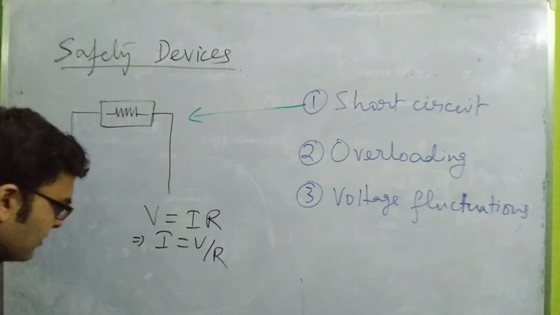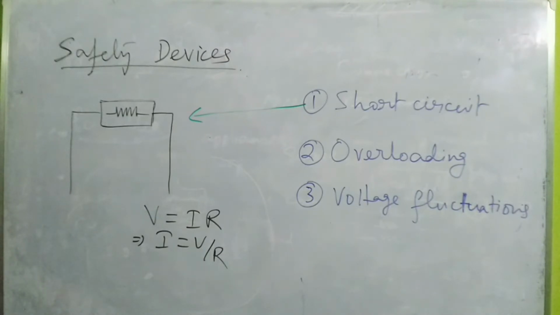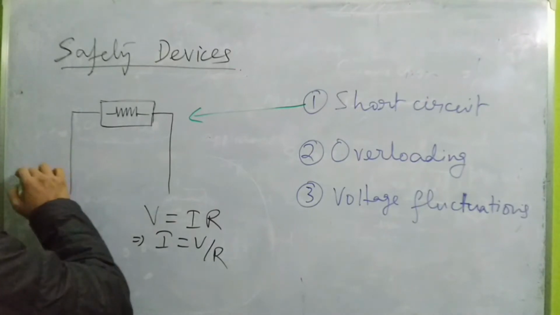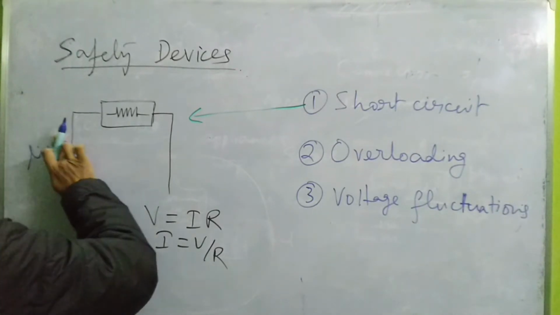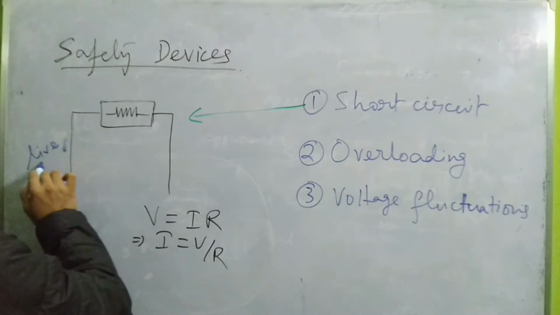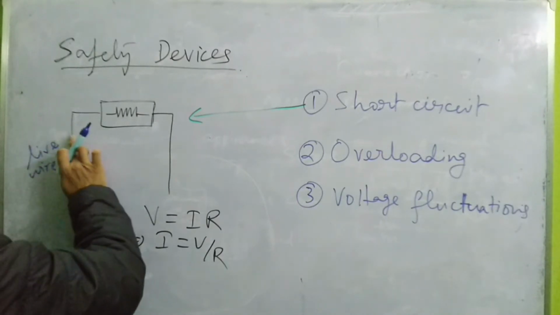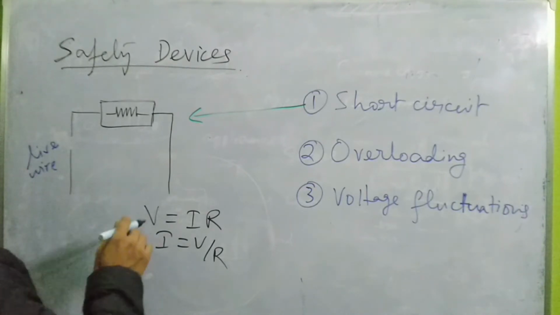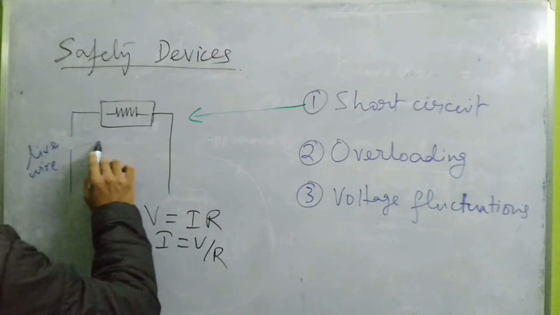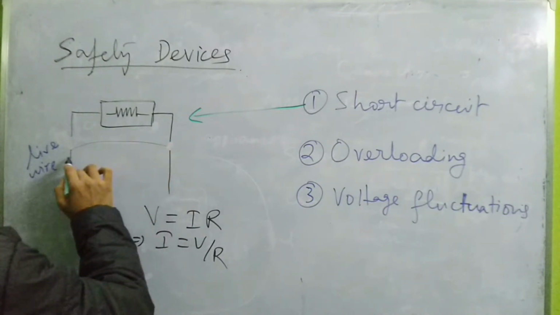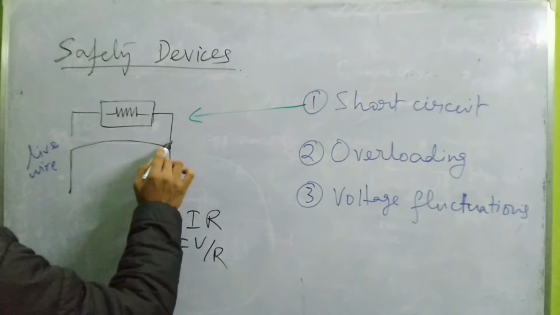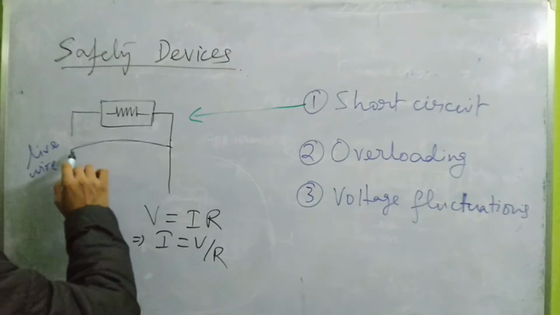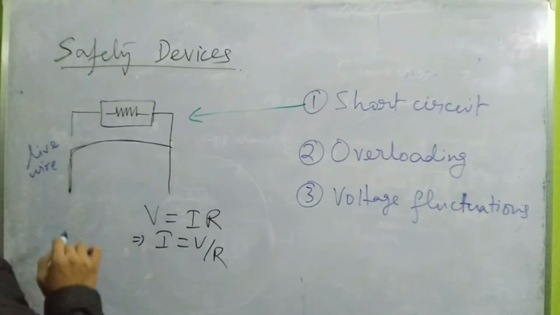Now if you think of a situation where suddenly this live wire just cuts off, and the insulation of the live wire breaks or is damaged, and it just goes and touches the neutral wire here. The insulation of the neutral wire may also be broken by some means, and it touches in this fashion. Okay, so what happens?